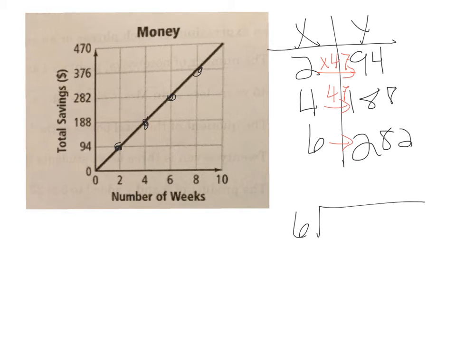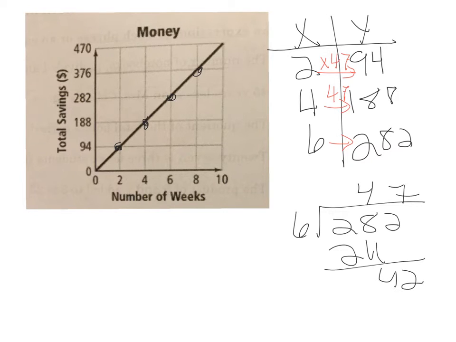So double checking one more time, make sure that it does work, and look, perfect, it did. It gave me 47. So that tells me, 1, it's multiplicative, and it's proportional. We should already know that because it's going through the origin, it's a proportional graph, it's linear. So that would make my equation y equals 47 times my x.